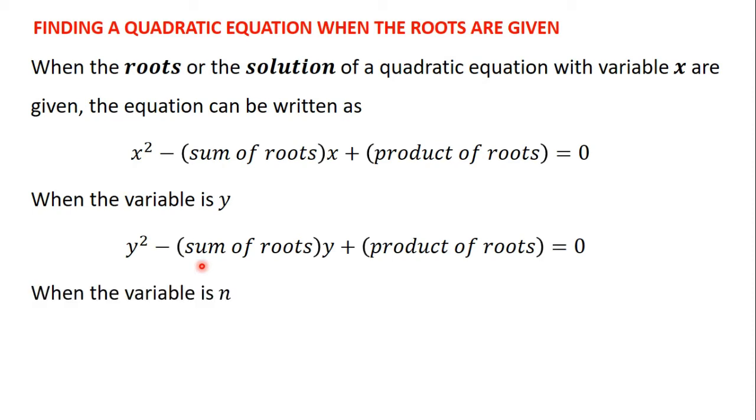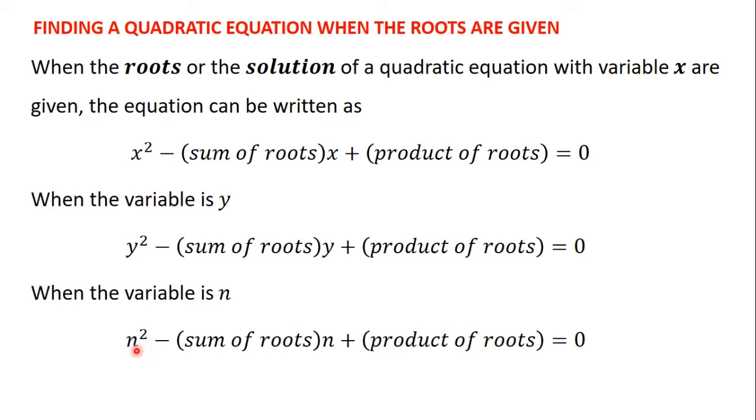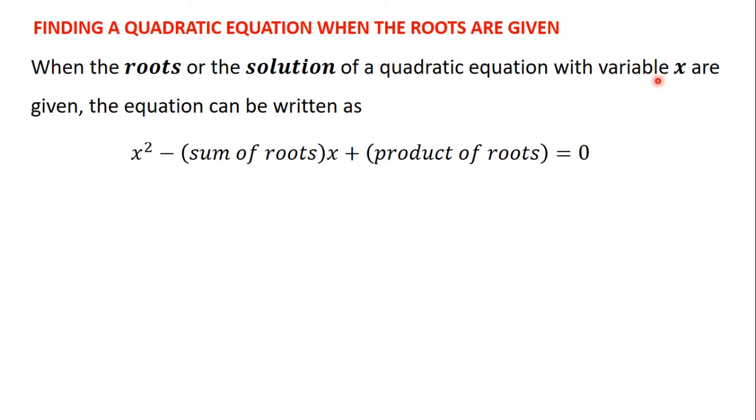When the variable is n, the equation is written as n squared minus sum of roots n plus product of roots. So you are going to write the equation depending on the variable in the quadratic equation. Okay, so all that you have to know is that when you are given the roots or the solution of a quadratic equation with a variable x, then the equation is written as x squared minus sum of roots x plus product of roots.